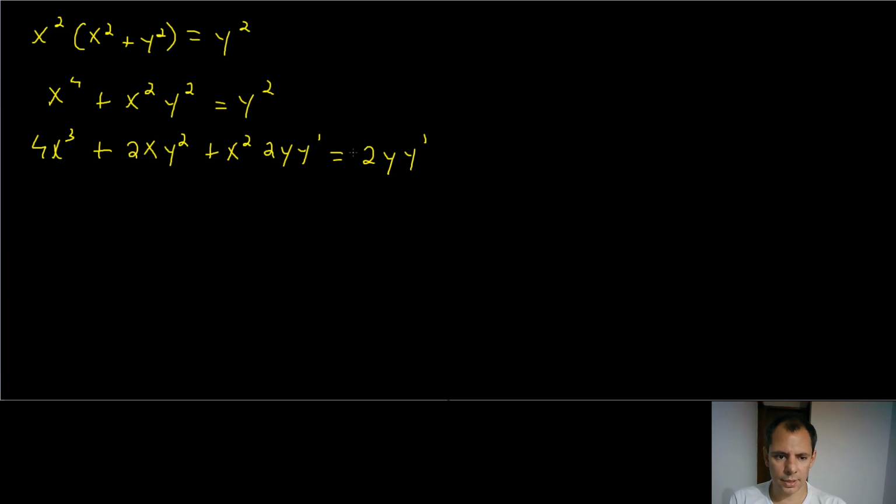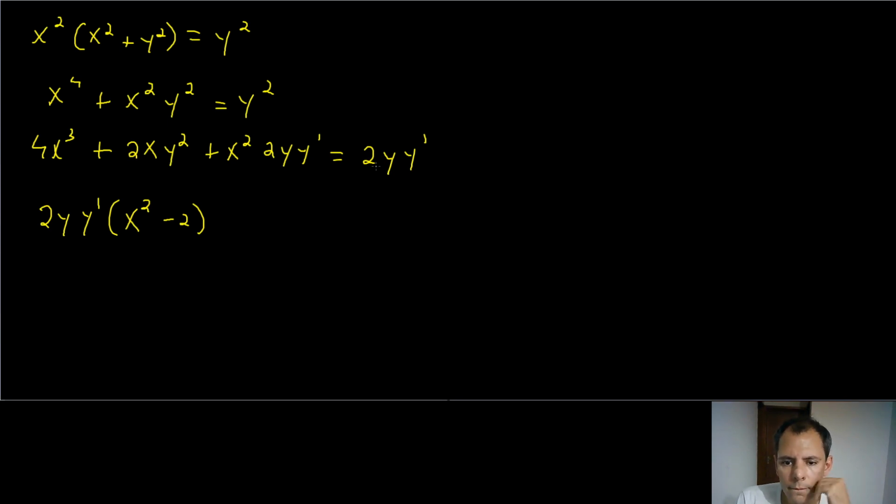Let's see if this time I want to do this. So here's what I'm going to do. I'm going to pass this stuff over here, and these I'm going to pass over there. Okay, so it's going to be 2y prime. Now passing this over here, I can just factor out x squared minus 2.